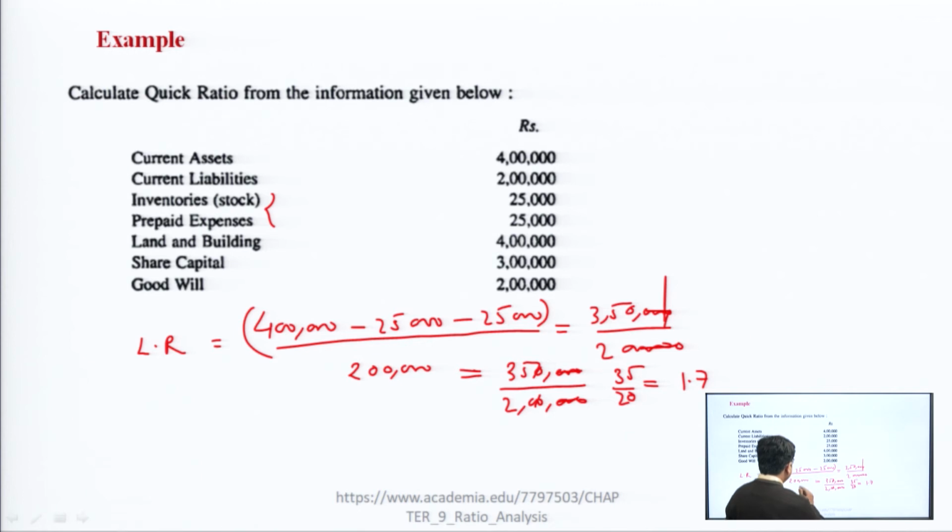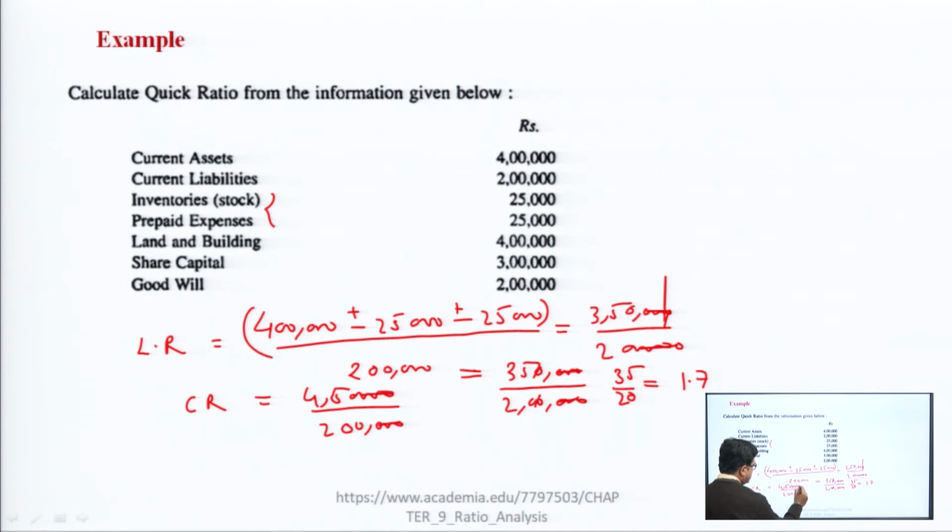But if we do not deduct, suppose we add them back and calculate the current ratio, then it would be 4,50,000 divided by 2 lakh, which is 45 divided by 20, equal to 2.25. The current ratio will be 2.25. So the current ratio is also good, but it does not show the exact figure, because we have already added inventories and prepaid expenses.